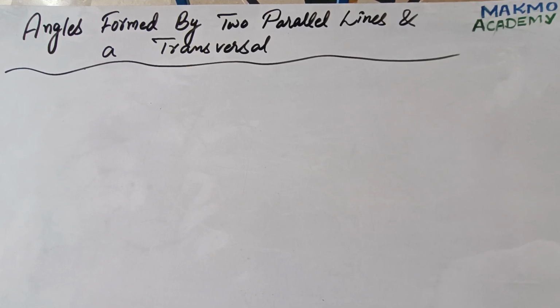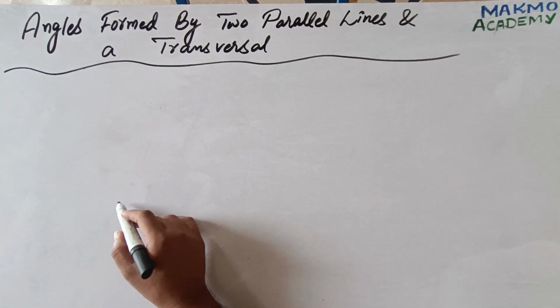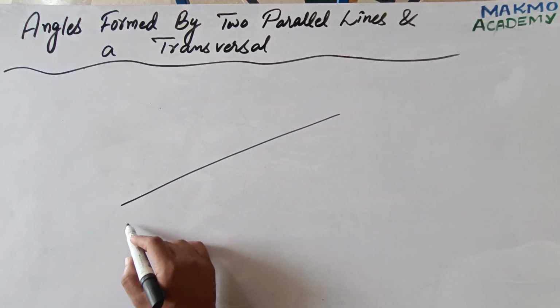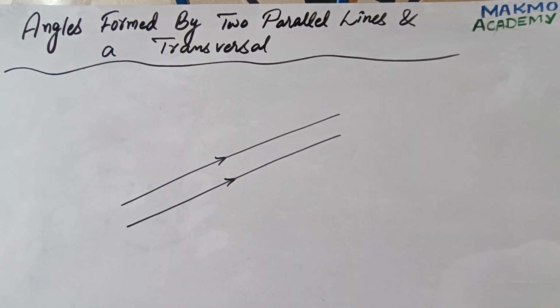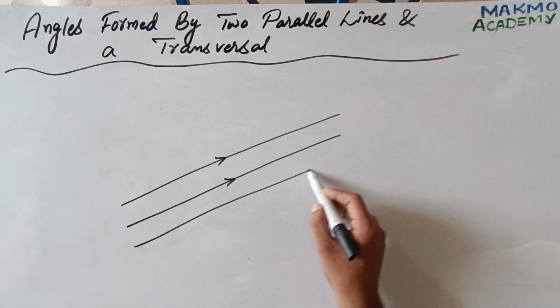So what are parallel lines? Parallel lines are those lines which will never meet at any point. Two lines which do not intersect at any point are considered parallel lines. It could be three lines as well.